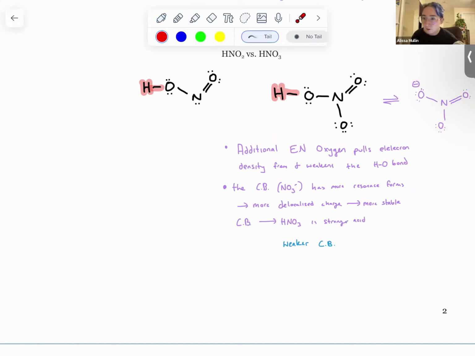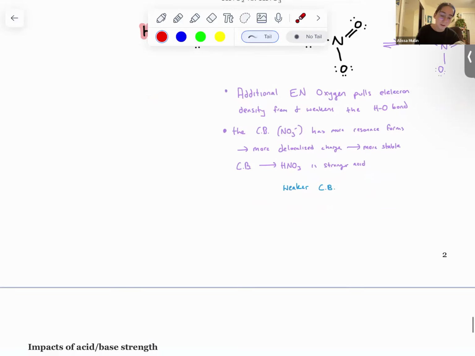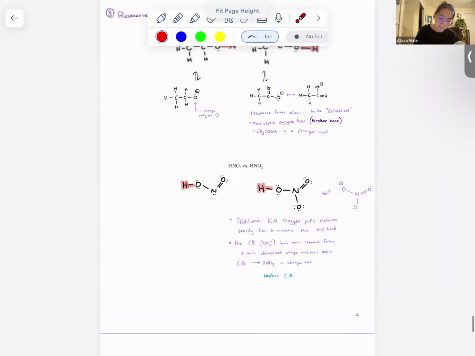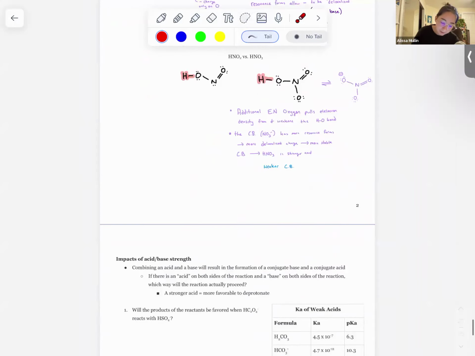Just think about what you would do to tell if that was a good acid. And then the one that wouldn't be a good conjugate base for an acid is going to be the stronger base, the one more likely to act like a base and regain that proton. Yeah. So that's kind of it. Those two factors.